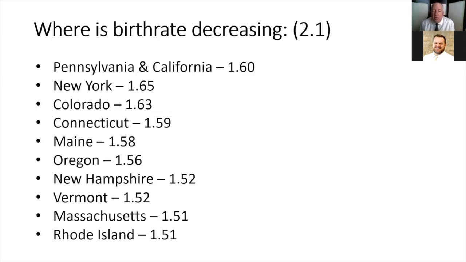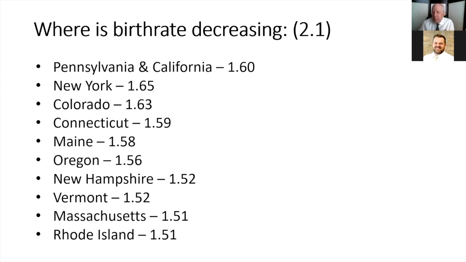Now, let's talk about where the birth rate is decreasing. Now, we're taking these kind of in inverse order. If you look at Pennsylvania and California, they are tied at 1.60 children per woman. Remember, these two states have a significant number of foreign migrants who come here.